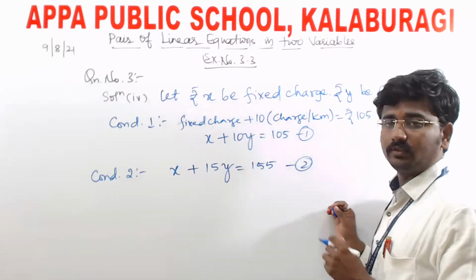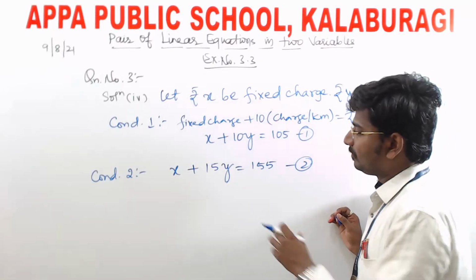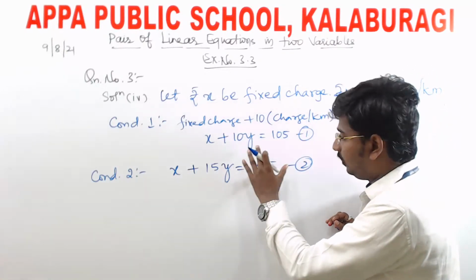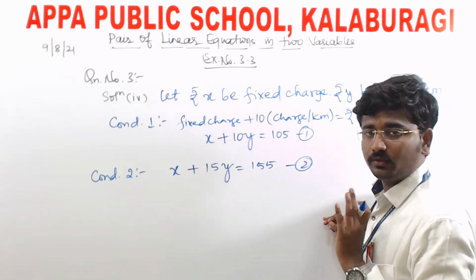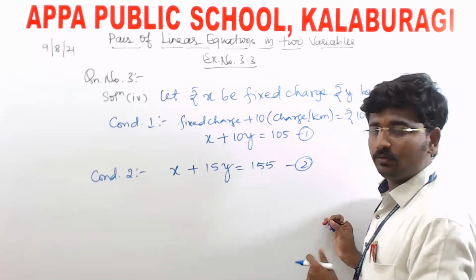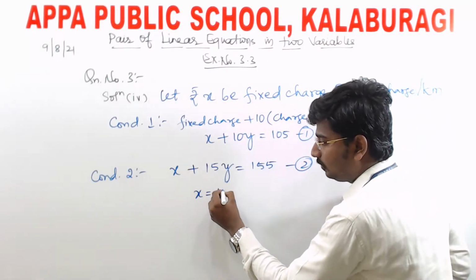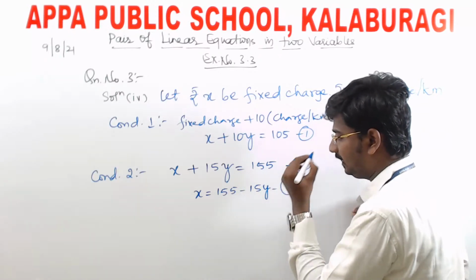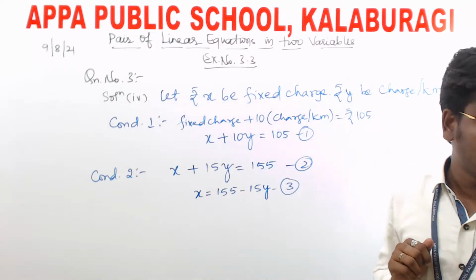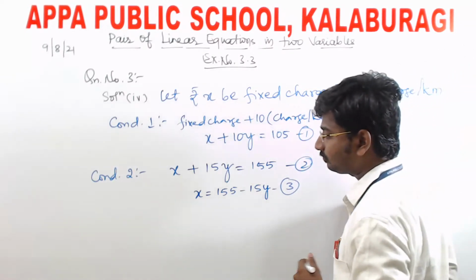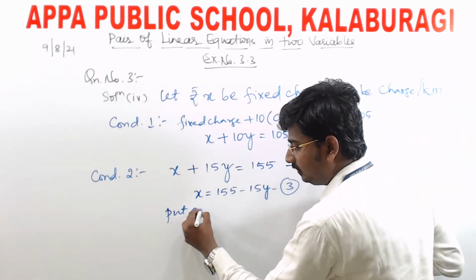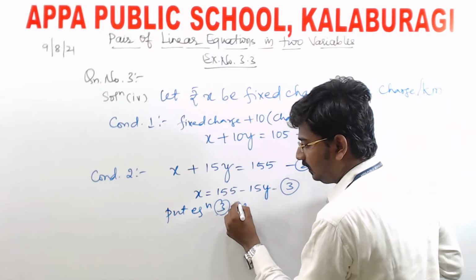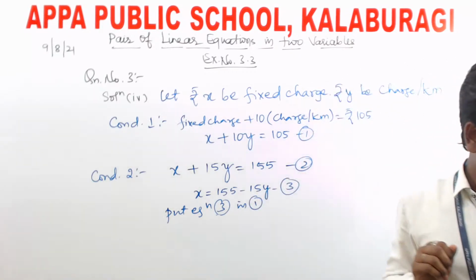Now what I will do is either change equation 2 or 1. Choice is yours. From equation 2, I will write x equal to 155 minus 15y. This would be my equation 3. Now put equation 3 in 1.